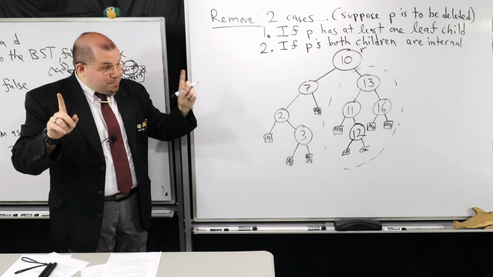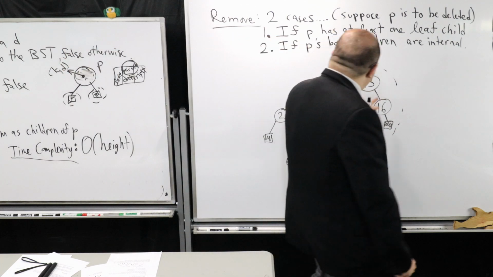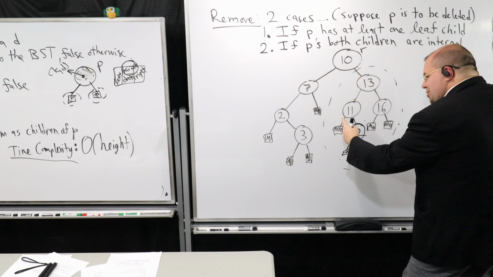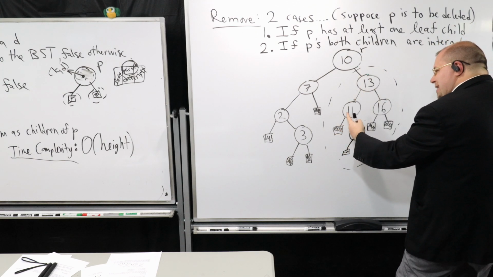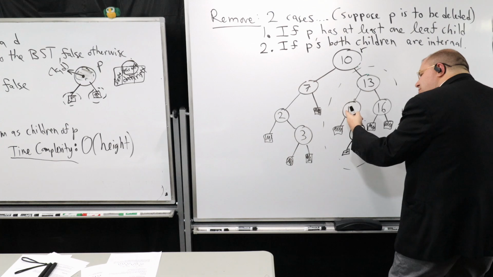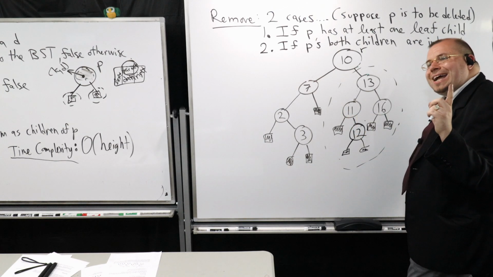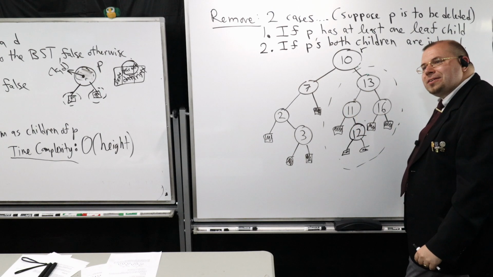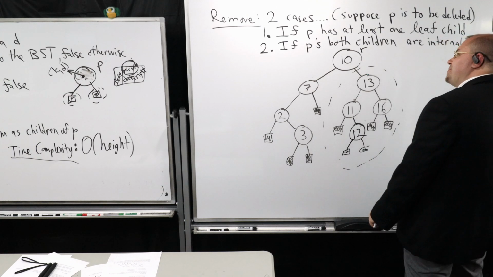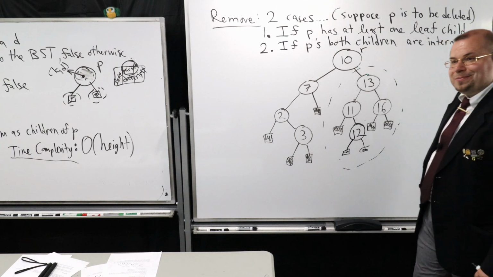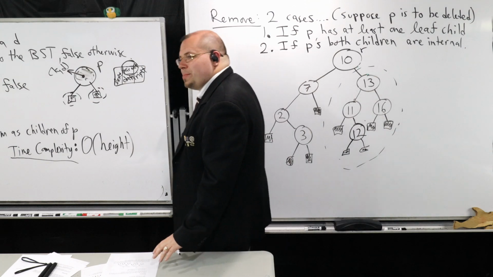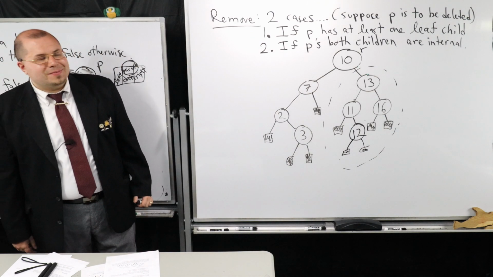But there's another neat property on display. If I go as far left as possible, and I hit the leftmost internal node, what can I guarantee about its children?